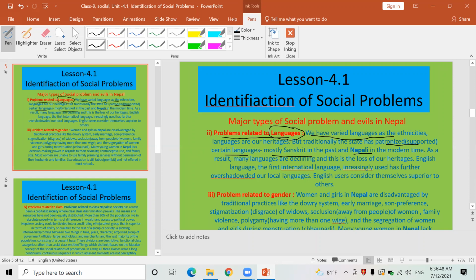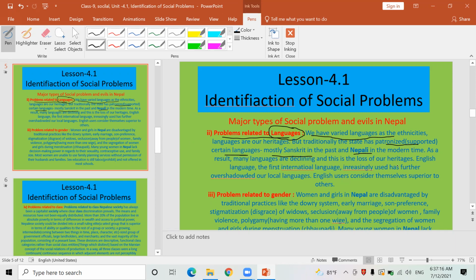Look here, it is written in your reading: many languages are declining, and this is the loss of our heritage. Already, we have got the idea that every language spoken in Nepal is our national heritage. Those are our properties, and they develop our prestige. Those are prestigious properties of Nepal.